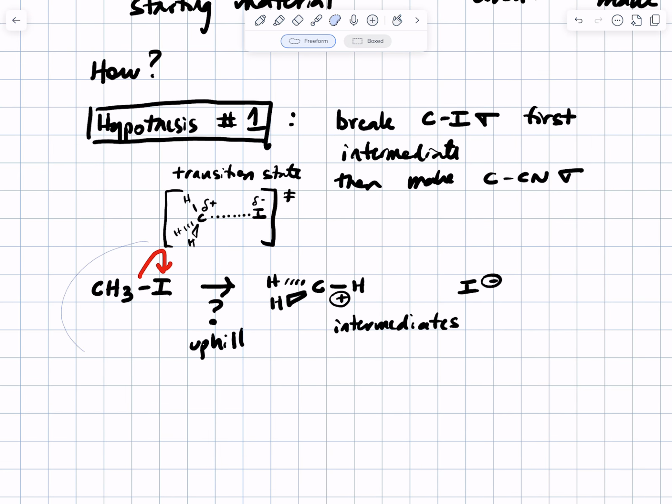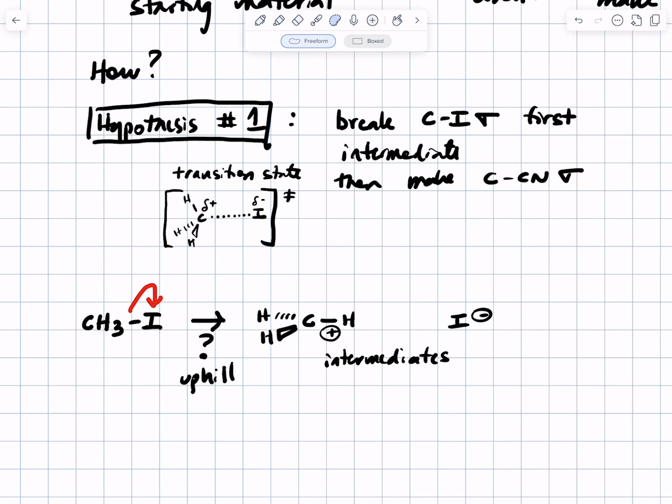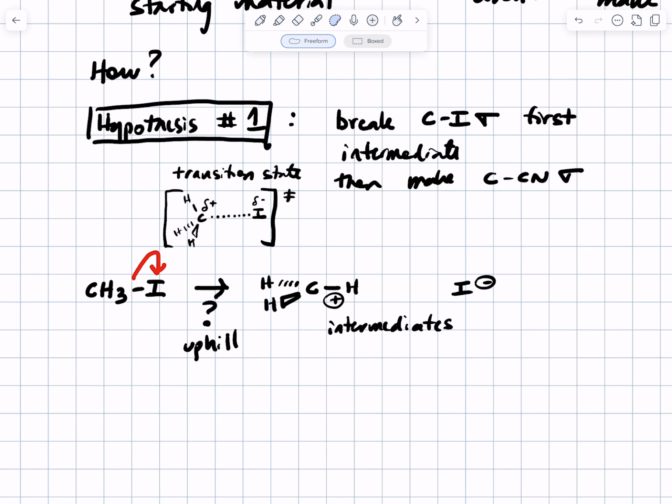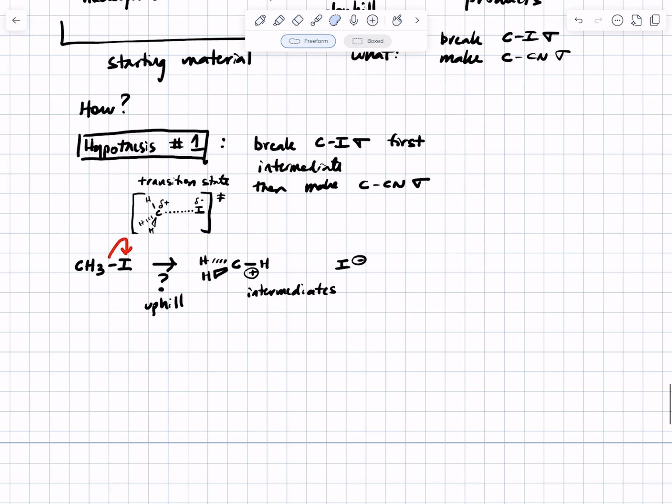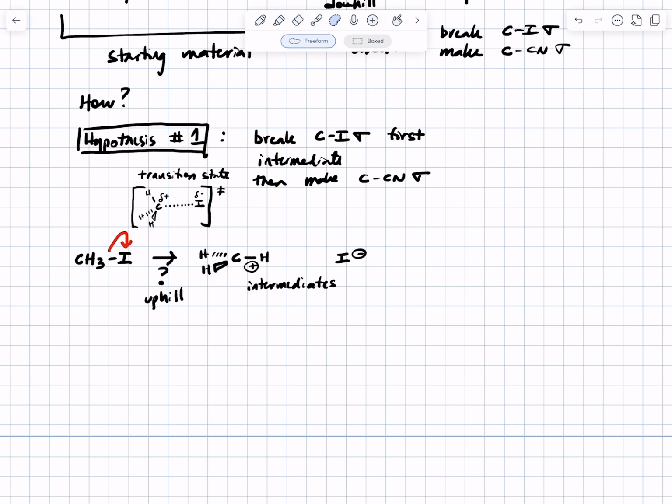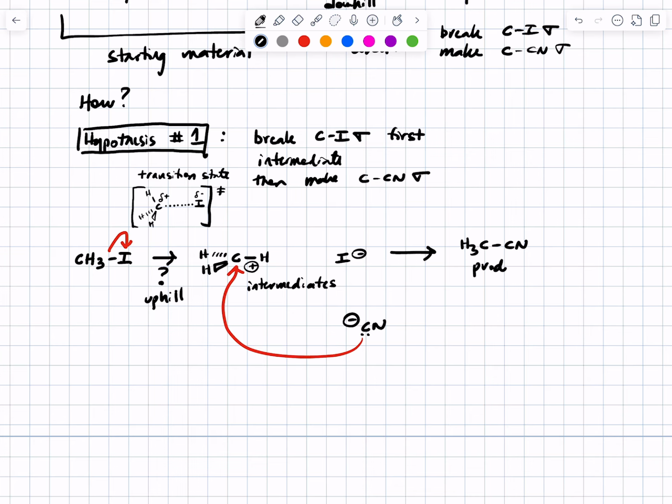All right. So that's one hypothesis. And then the second part of this hypothesis would be that in the next step of the reaction, CN minus comes along and attacks the carbon to make a new bond, and that's where we end up with the product, okay? Now, do you predict this second step?